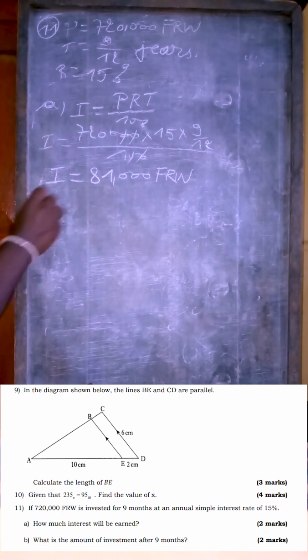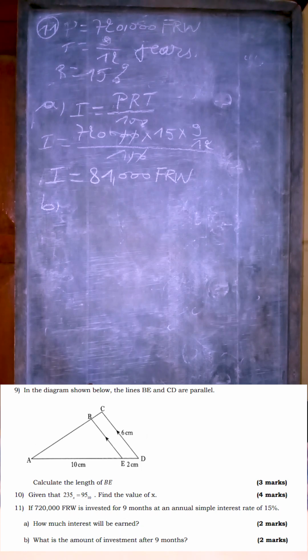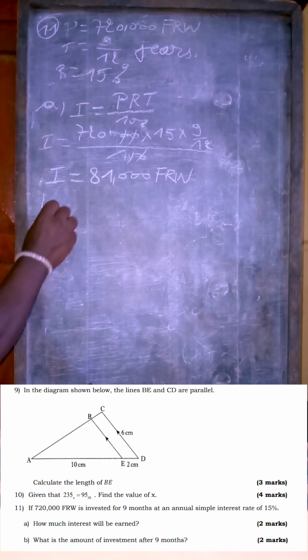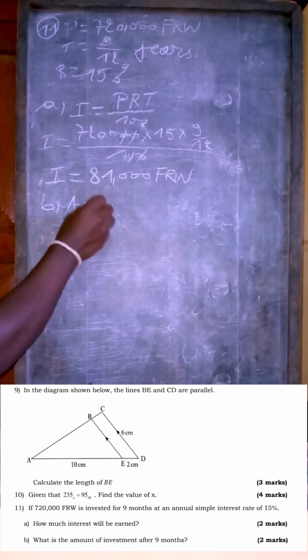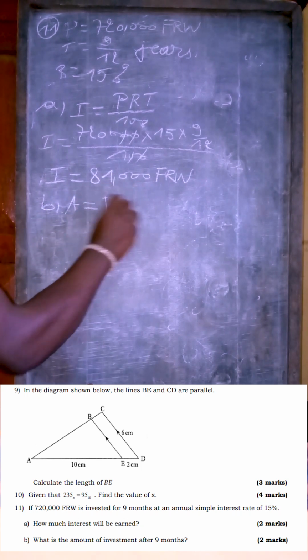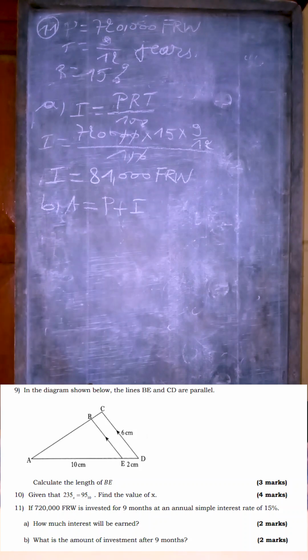And then for B, we are asked to find the total amount invested after 9 months. Means that we have to take the principal. The amount A is equal to principal plus the interest, as we know.